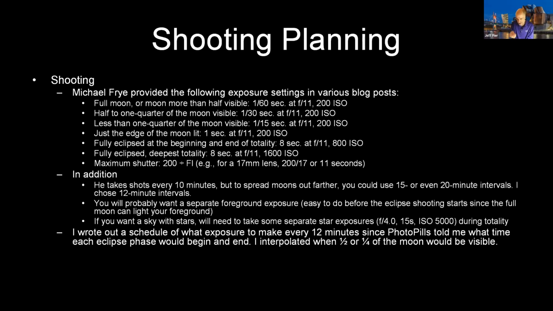And I just estimated what part of the eclipse the moon was going to be in at that particular time, and wrote down the suggested exposure based on what he had told me. So I had a nice big list of exposures to make things a little bit simpler on myself.